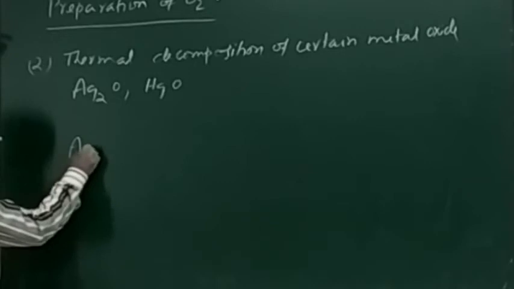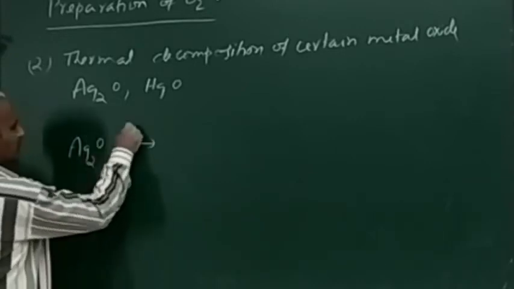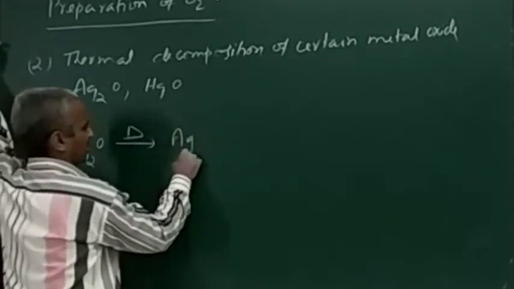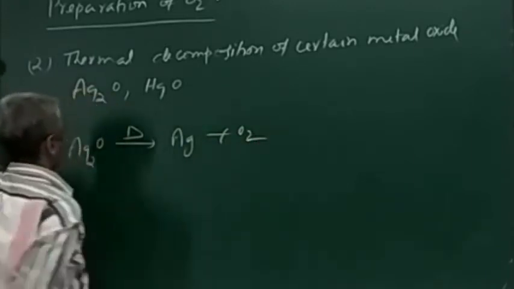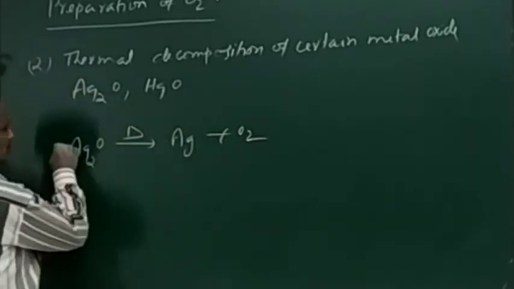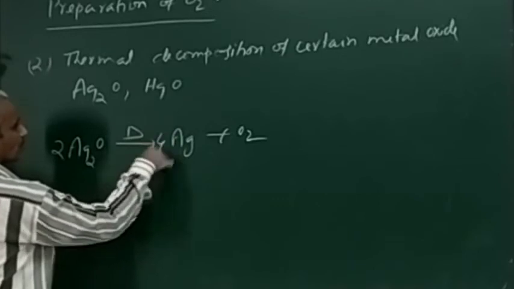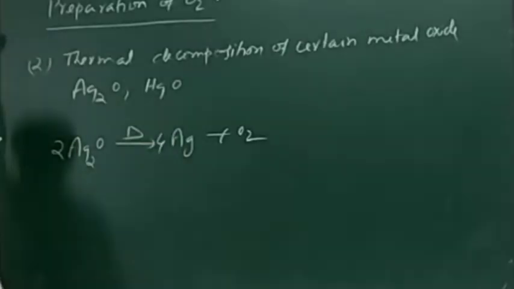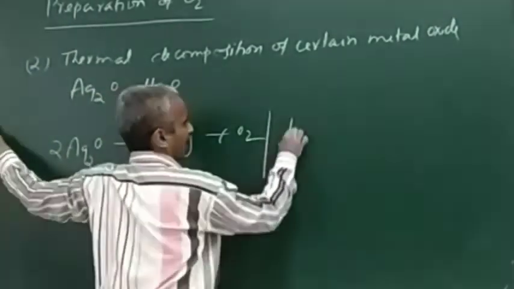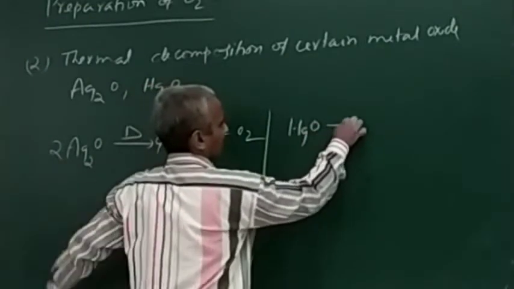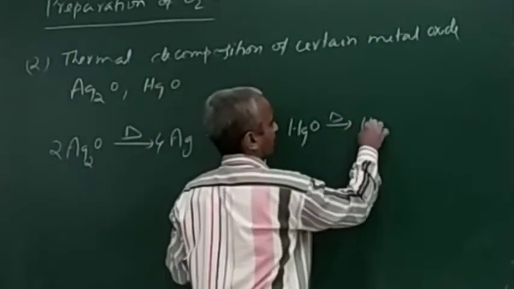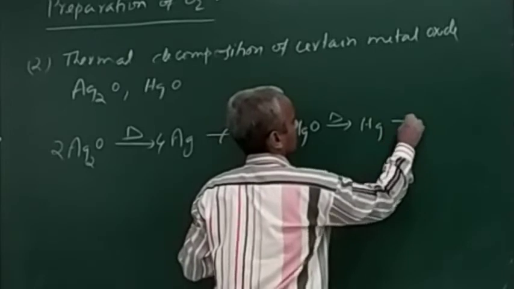What do you do? Ag2O, you just heat it. You are going to get Ag along with dioxygen. Or instead of this, you can take HgO, mercuric oxide, and heat it. You are going to get Hg plus O2.